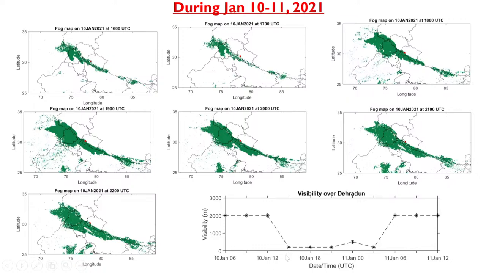Wherever visibility is less than 1000 meters, we call it a foggy area. From 15 UTC on 10th January to 3 UTC on 11th January, the visibility was much less than 1000 meters, indicating the presence of fog. The same indication is there from the satellite data also.